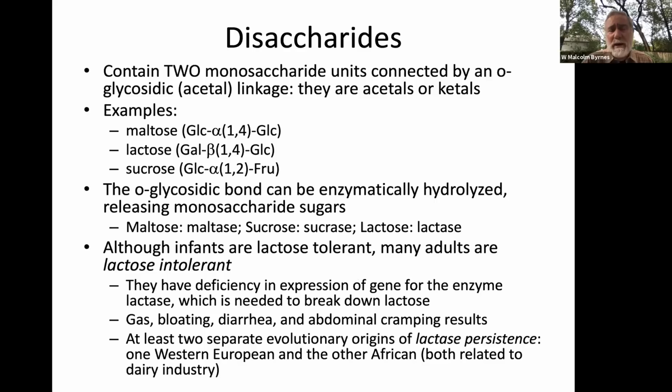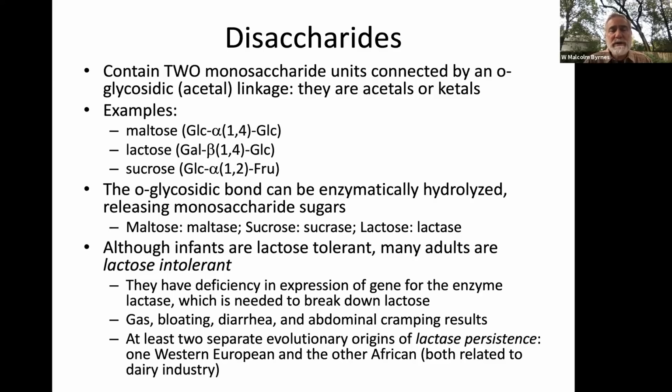And if you are lactose intolerant and you drink milk, you'll experience gas, bloating, diarrhea, and abdominal cramping. And it turns out there are at least two separate evolutionary origins of what's known as lactase persistence, which is the persistence of lactase activity into adulthood.